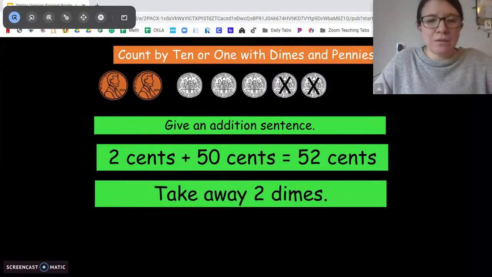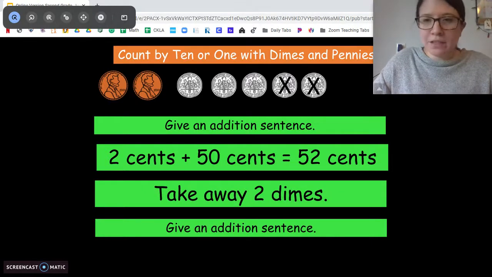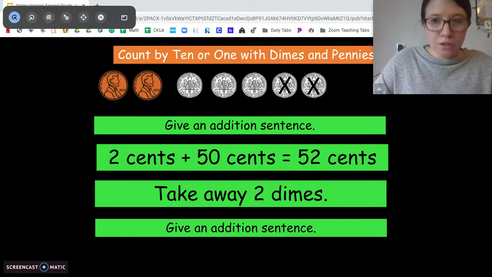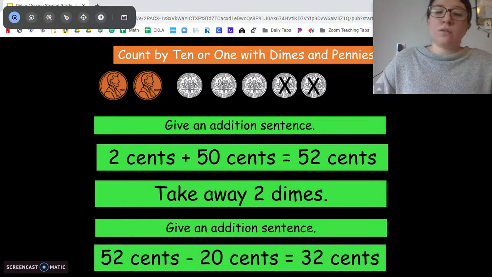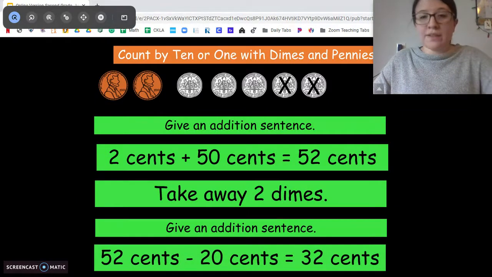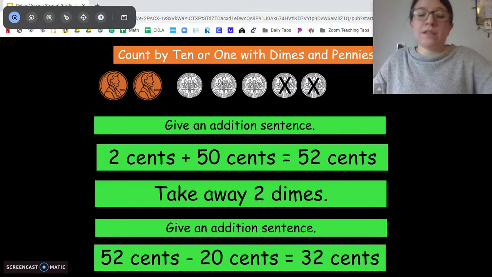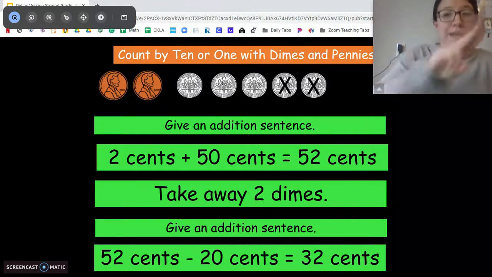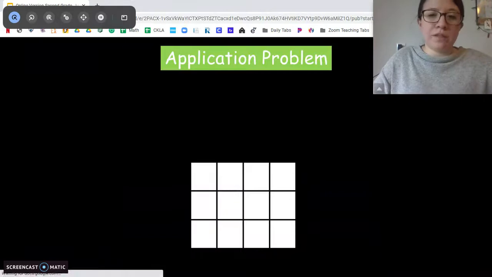Now we're going to take away 2 dimes. Can you tell me that sentence? Good. 2 cents plus 30 cents is 32 cents, or 52 cents minus the 2 dimes gives us also 32 cents.